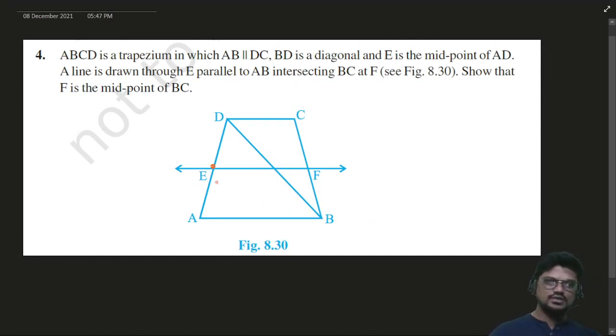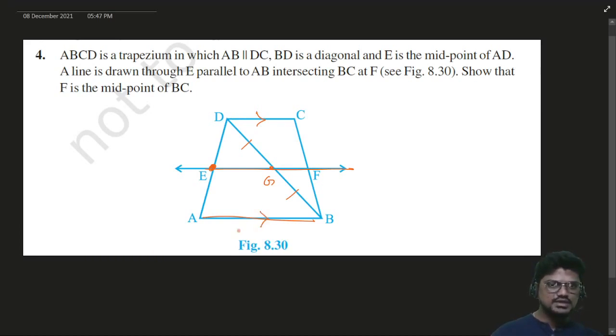This is very easy. In this triangle, if a line is drawn through the midpoint of one side which is parallel to the third side, then this line will bisect the other side. Yes or no? If I write it as BG, BG will be equal to DG. And again, this DC is already parallel to AB.